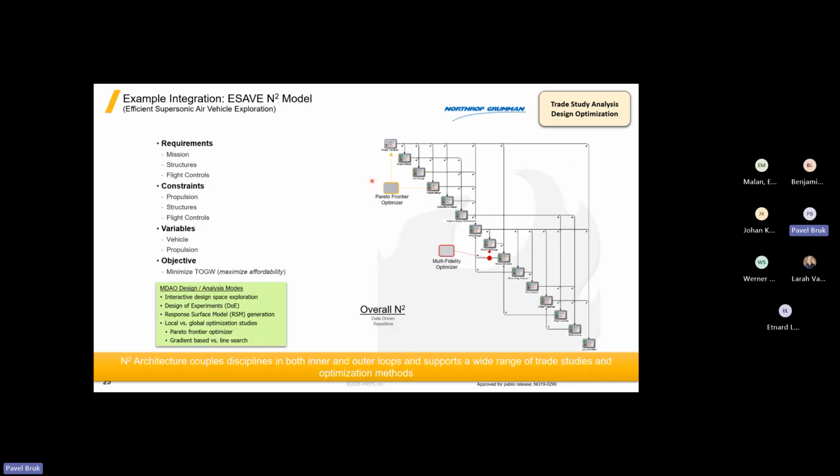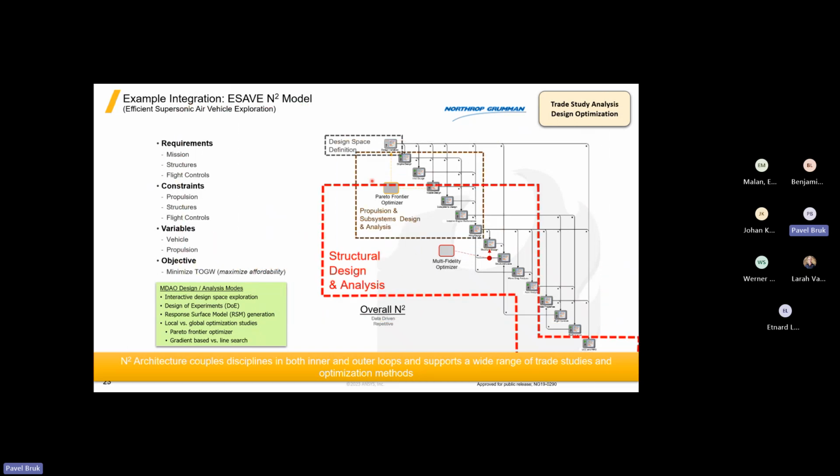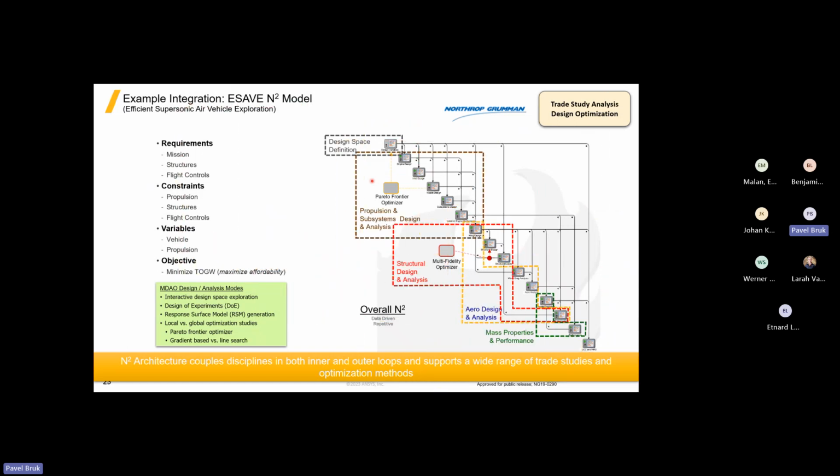And what they've done, they've created the workflow in ModelCenter, which includes various disciplines and various tools like design space definition, like propulsion, subsystems design, structural design, aerodynamics design, mass properties and performance analysis.